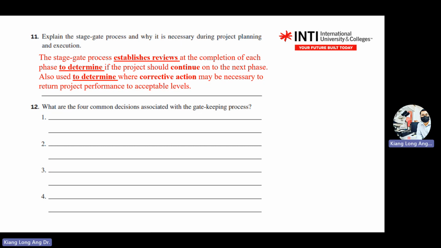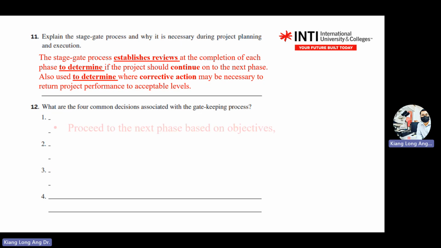The second one is proceed with changes. You can proceed, but you have to change something. So this question 12 is important. It's linked to this diagram, the phase gate diagram.